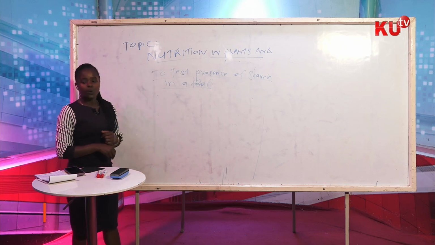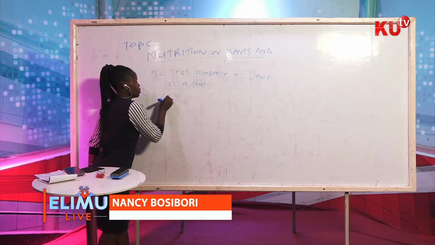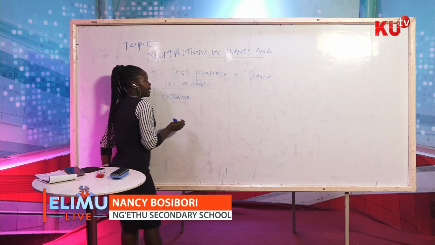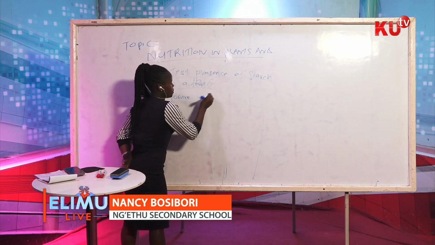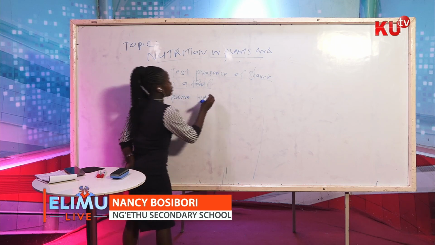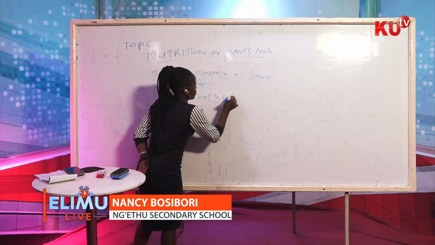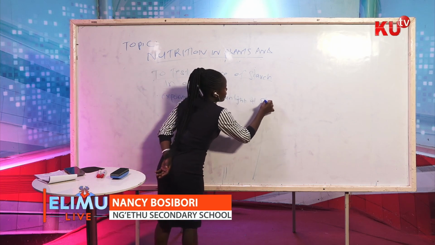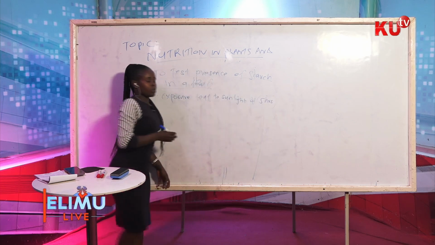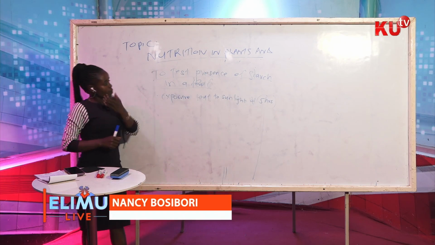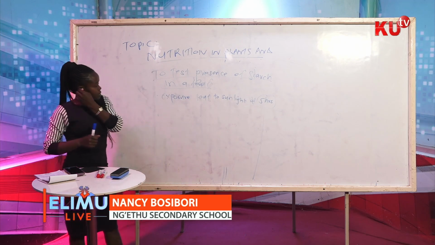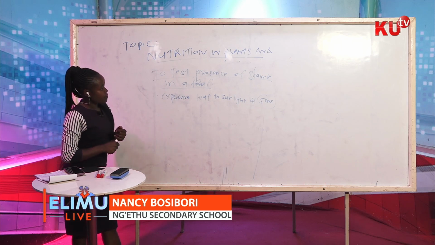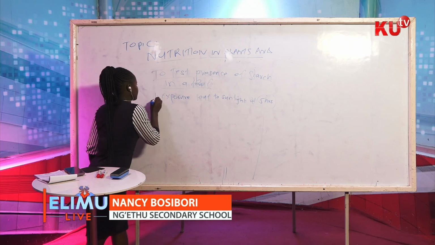First, you need to expose the leaf that you want to test to sunlight for at least 5 hours. You need to expose the leaf that you need to test for the presence of starch to sunlight for at least what? At least 5 hours.